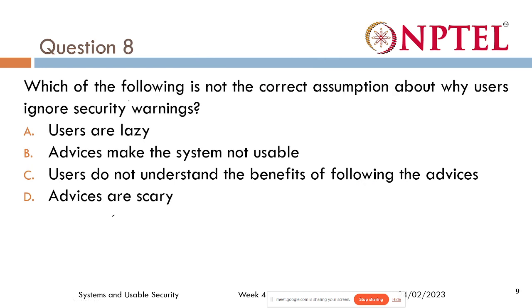Which of the following is not the correct assumption for why users ignore the security warnings? Though the system will warn them that such and such precautions should be taken, the users tend to ignore them. Why? It's a very general question. No such logic is there for this.